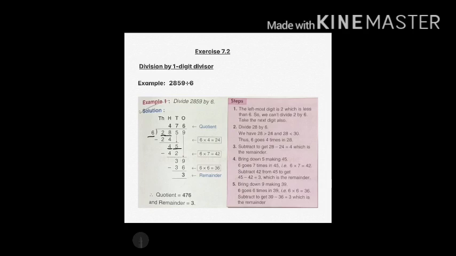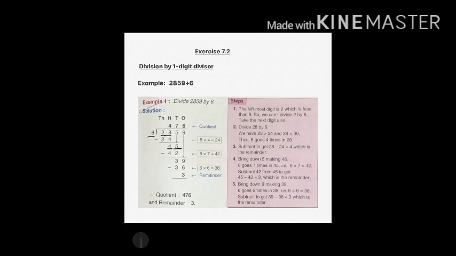Now check 45 in the table of 6. 6 goes how many times? 6 7s are 42, because 6 8s are 48, which is a bigger number. I cannot subtract a bigger number from a smaller number. So I will take 6 7s are 42, and when I subtract, I'll get 3 as the remainder. Then I'll bring down 9, it will become 39.